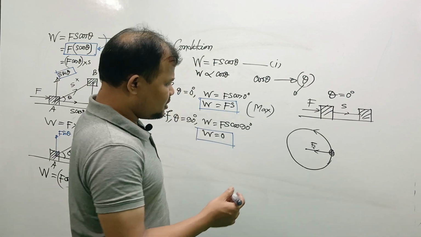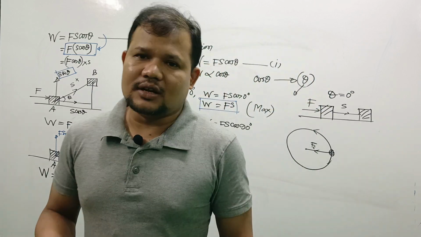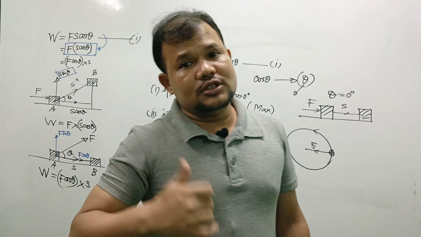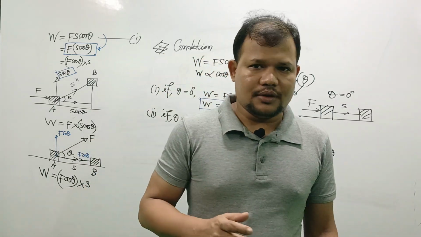Okay, my dear student, we know when any kind of object rotates around a circular path, this object gets involved with two types of velocity. One is linear velocity and another is angular velocity.